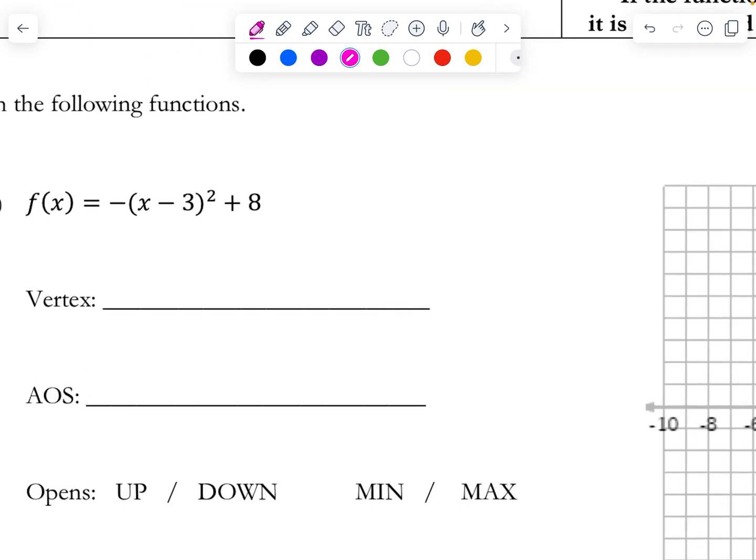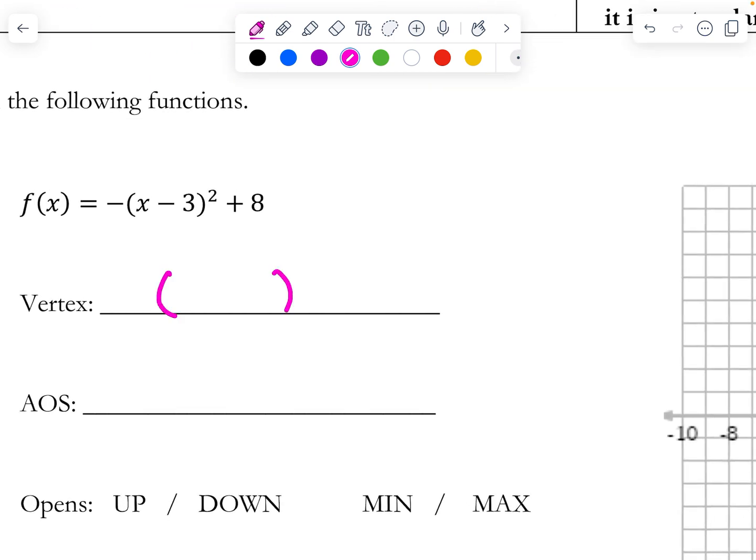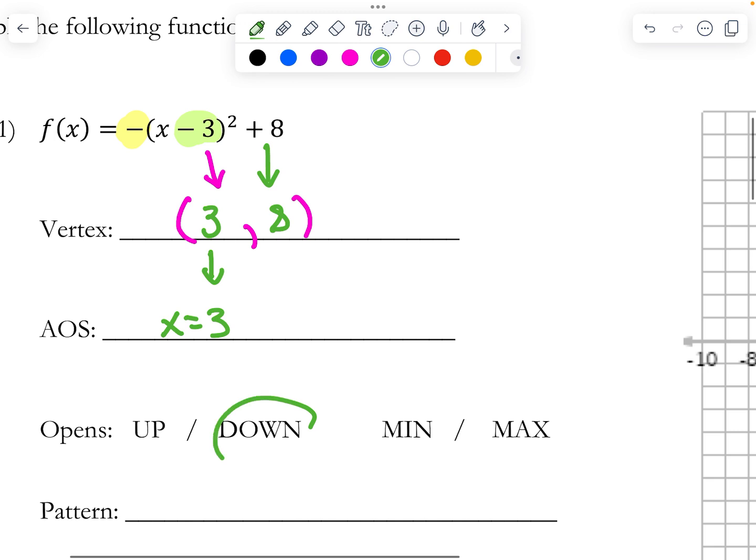So right away, let's find my vertex. My vertex is going to be the h, but remember that this negative 3 is lying to you. It's not going to be negative 3, it's going to be positive 3. And then the 8 comes straight in. My axis of symmetry, remember, it's just x equals 3. That's what it is. X is 3. We have a negative right here, so we're going to open down.